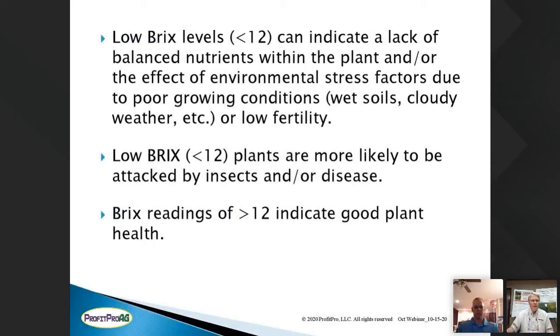Now, anything below 12 indicates a lack of nutrition and energy within the plant. This can be caused by stress, but usually it's caused by lack of energy and low fertility. So we call that a low BRIC plant, a very low energy plant. Anything above 12 indicates good plant health.